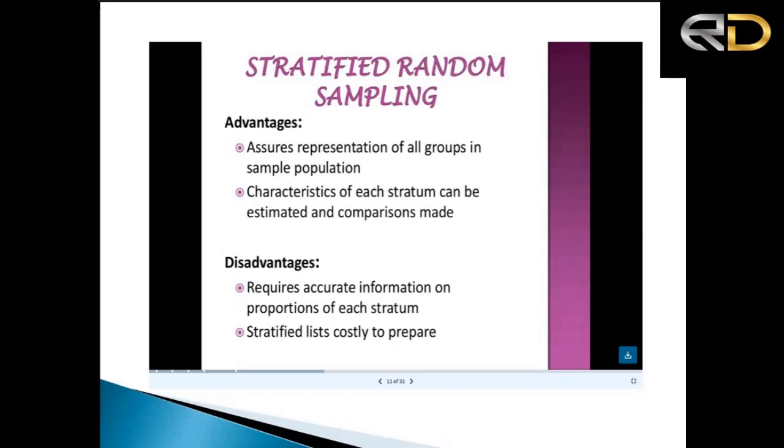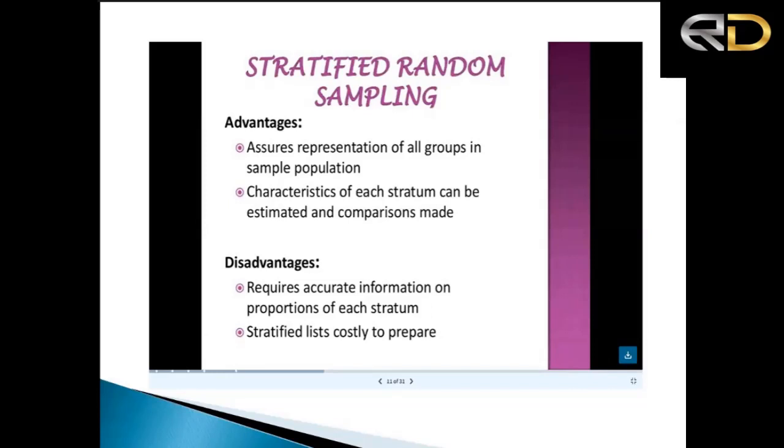Suppose we have K strata, and we have observations in the first stratum capital N1, capital N2, up to capital Nk, so that the summation of capital Ni is equal to N, making the whole population. Suppose we have to take a sample of size small n, so we will take small n1 from capital N1, small n2 from capital N2, and small nk from capital Nk, so that small n1 plus small n2 plus up to small nk is equal to small n.